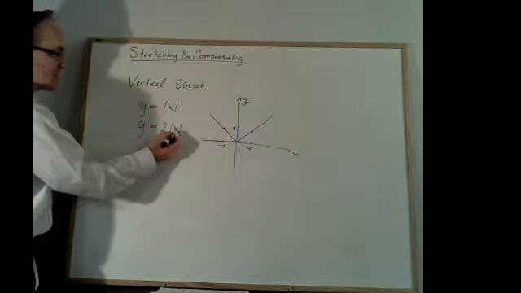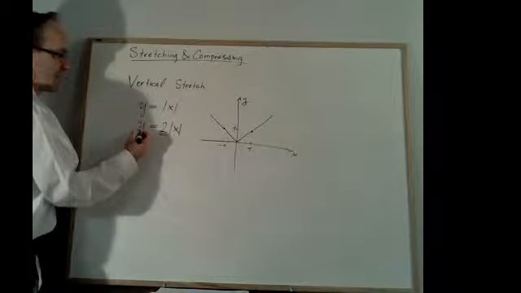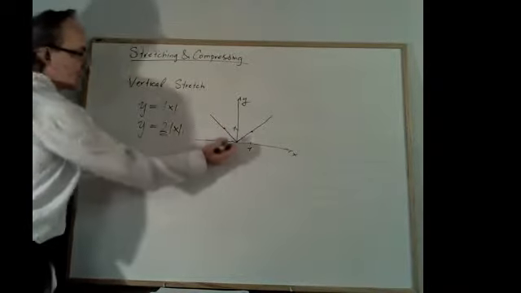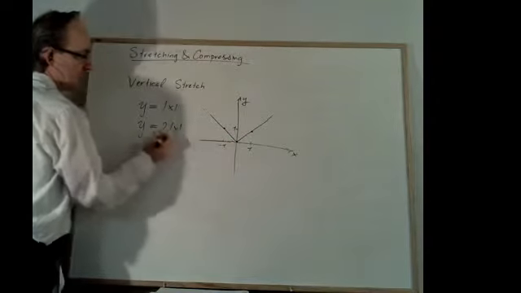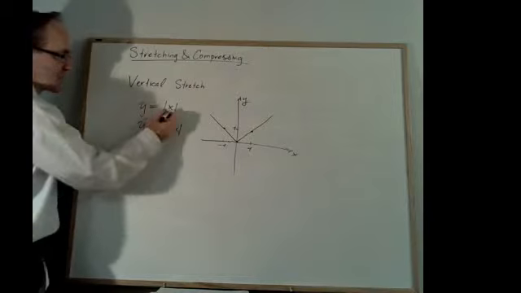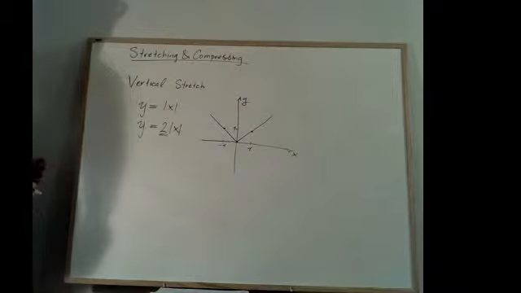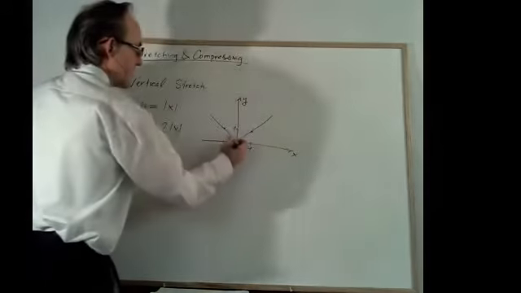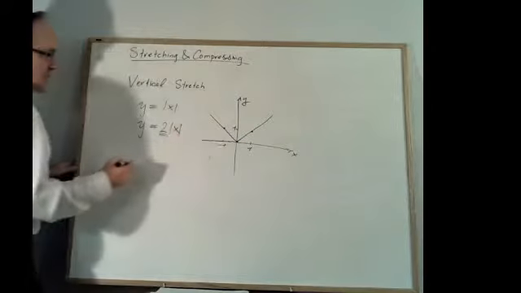If x is 0, then it doesn't change the value of the function. So 2 times 0 is 0, just as before for this function. So that's also a point on the second graph.